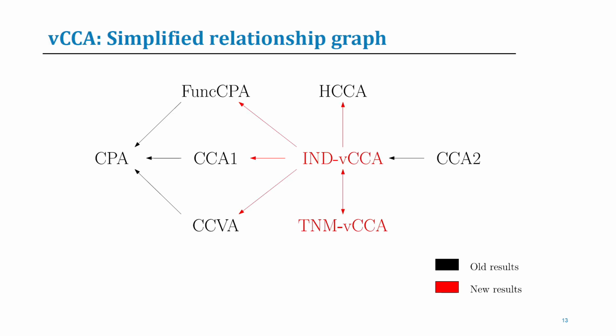So we are able to show all these implications. All these security notions I talked about in the beginning, the CCA1 security, the CCVA, the FuncCPA, this implies all of them. It also implies HCCA notions, which I didn't explain, and I won't because of time.